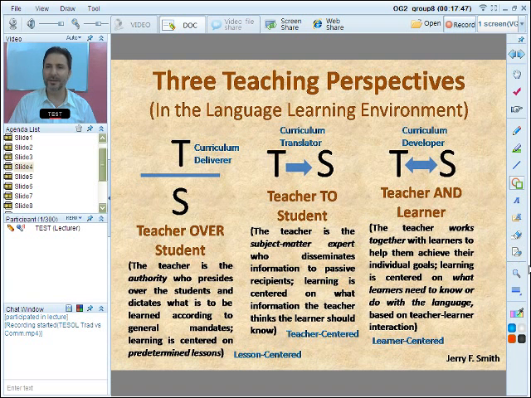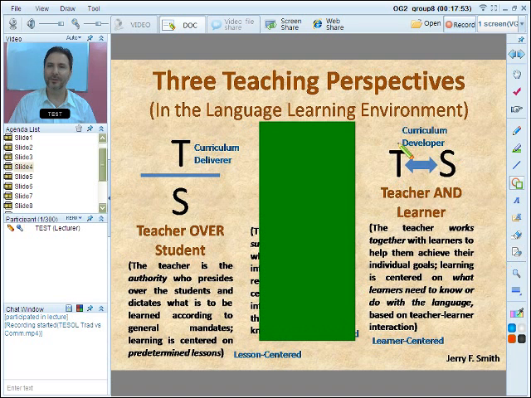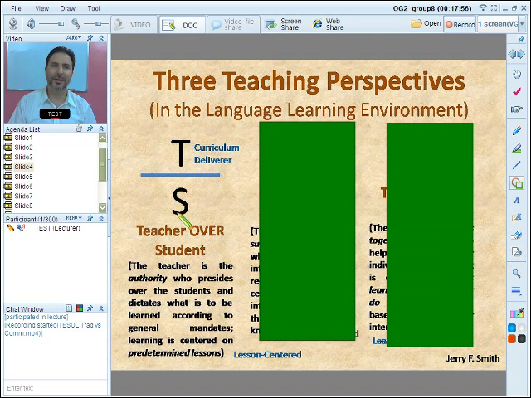Now, I'm going to start erasing here, and here we go. But I'm going to cover these here real quick so as not to be distracted. First of all, we have the teacher over the student, and this is the teacher who is the authority in the class.